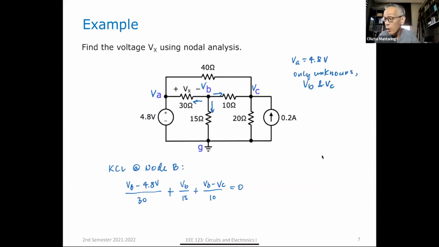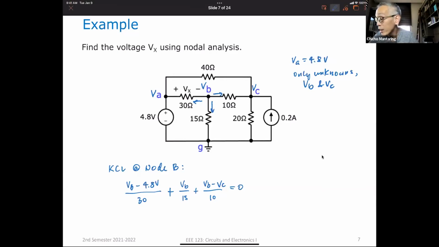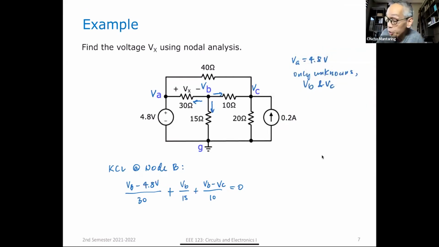Question: what if I had assumed this current were in this direction? My expression is going to be this current plus this current minus this current, because this one is going out, but this one is coming in.